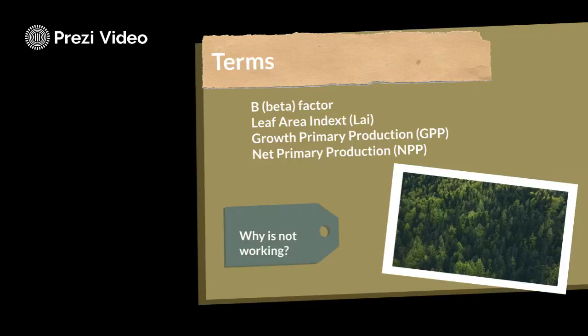Now we have the net primary production, NPP. This is the rate at which material is accumulated in excess of respiration. Enhanced growth primary production from the increasing atmospheric CO2 concentrations are leading to a larger net primary production and higher nutrient demands by plants.